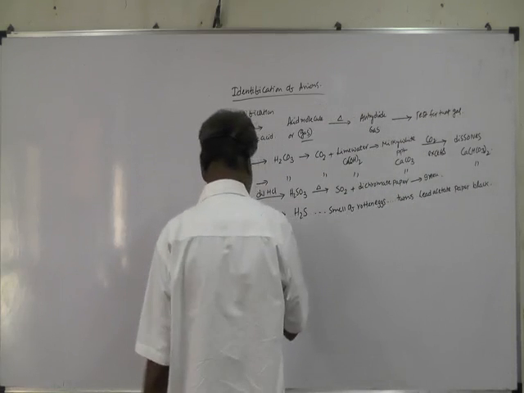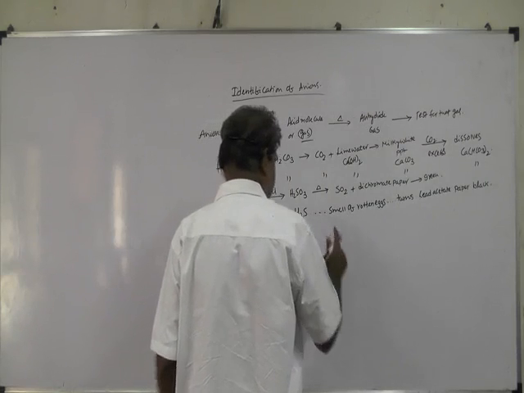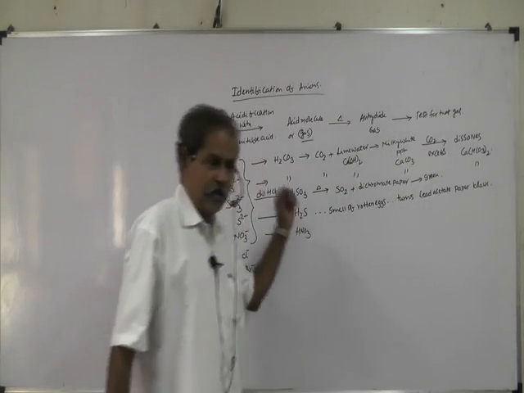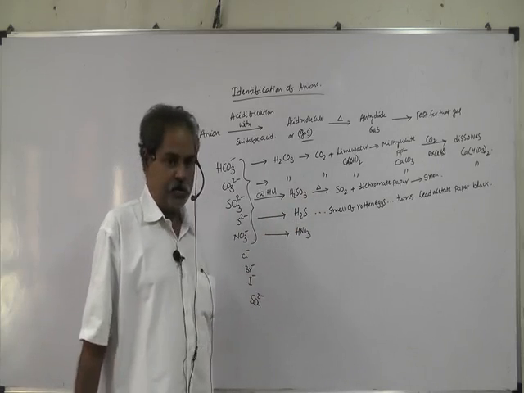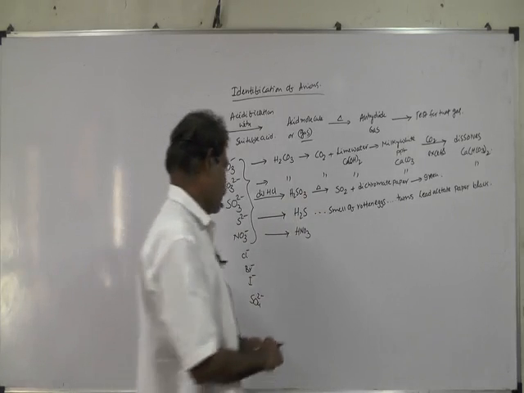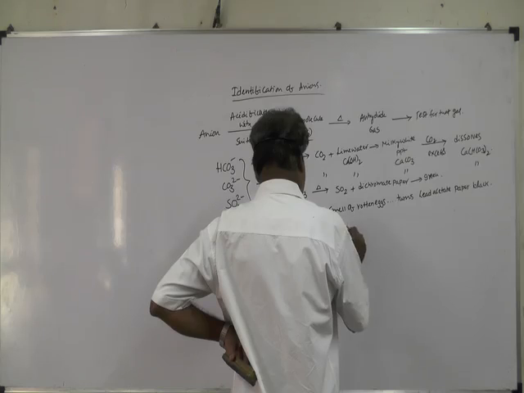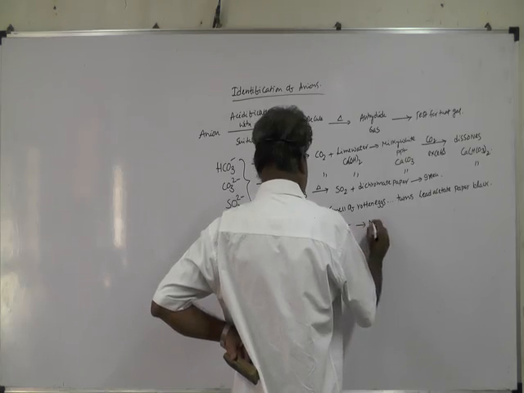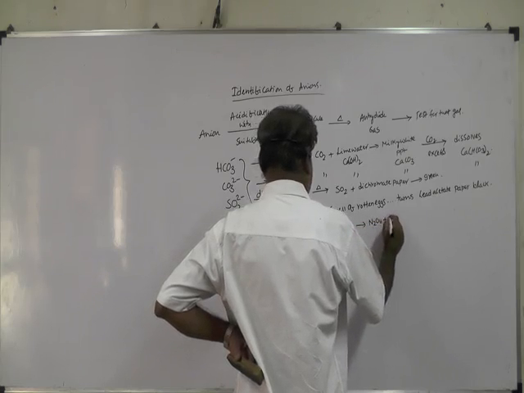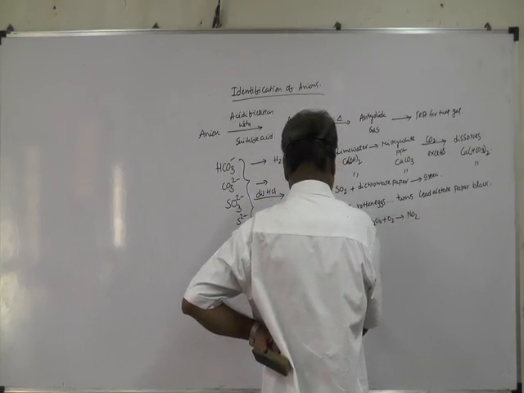Nitrate, what is it you get? HNO3. And of course there is another confirmatory test for this, which I will teach you immediately after this. HNO3 on heating will give N2O5, and further heating you will get N2O4 plus O2 and NO2. All this happens on heating only.